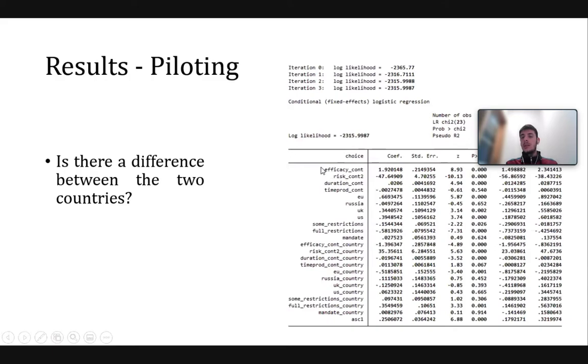And here you can see that I have the same model that I showed you before, but then I add interaction terms here with the country. The country is a dummy variable that takes value 0 for Italy and 1 for the US, okay?